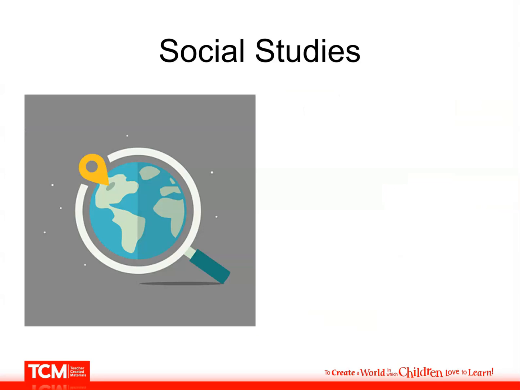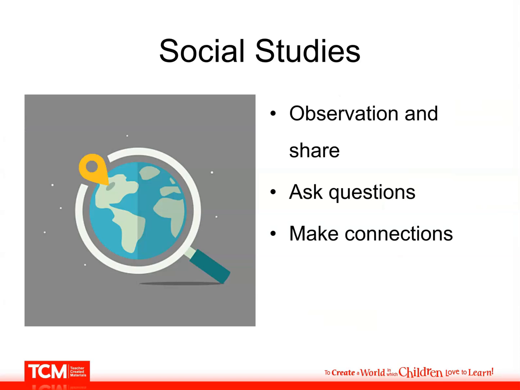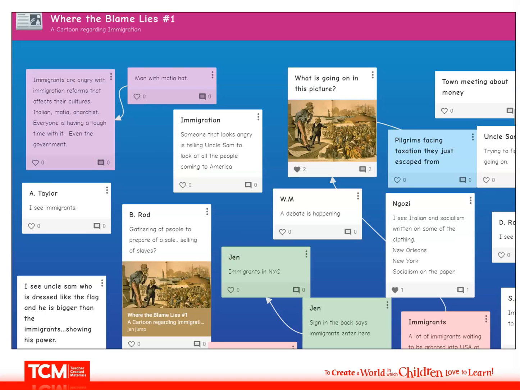In social studies, another opportunity to observe and share information, to ask additional questions, to make real life connections, to debate and discuss. In this particular example, again, using Padlet doesn't matter. There are lots of different applications that could be utilized. There is an example here in the upper middle portion of a primary source picture.